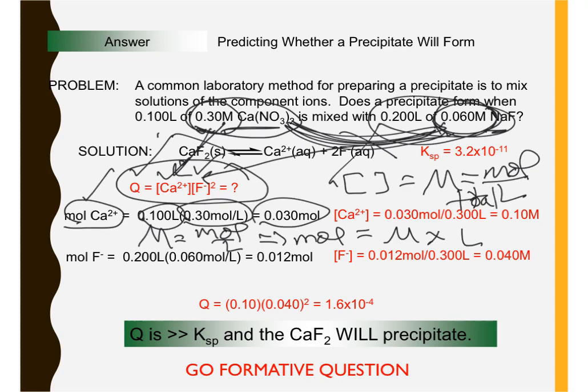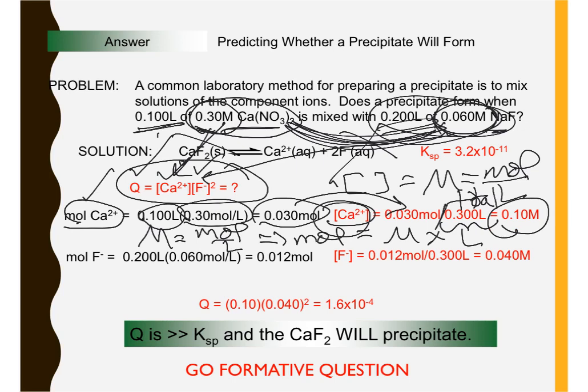There are the moles. And then to get the new concentration of calcium ion, we take the moles that we just calculated and divide it by the total volume of both solutions we mix together. So that'd be 0.1 liter plus 0.2 liters.